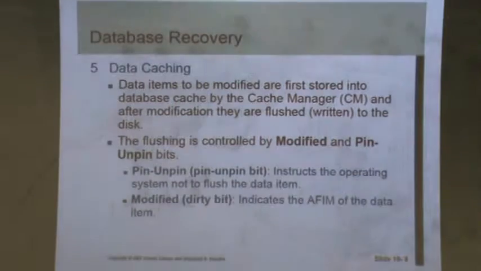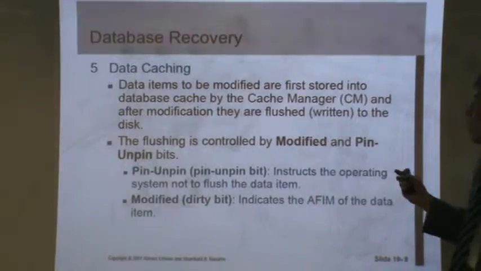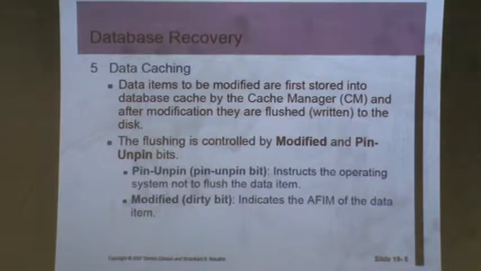Okay. So the cache manager manages each buffer using the modified bit and the pin/unpin bit. For each block, the buffer manager, the cache manager, has one bit to represent pin or unpin.